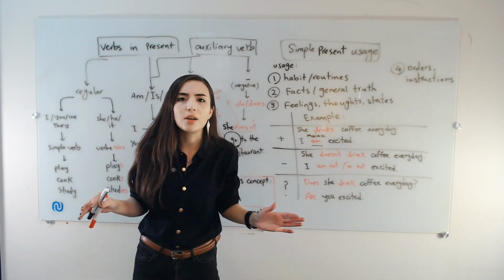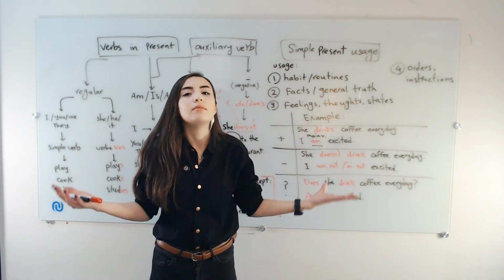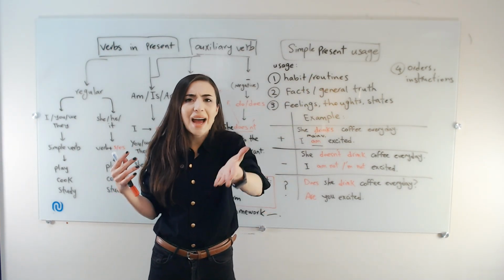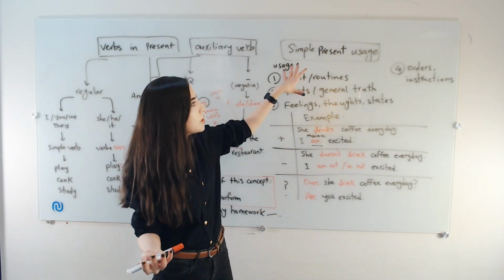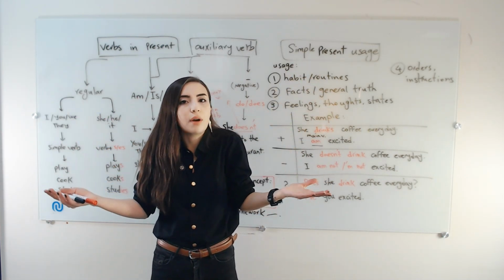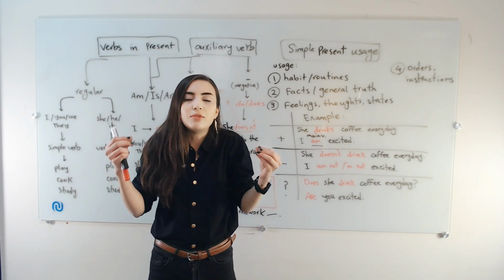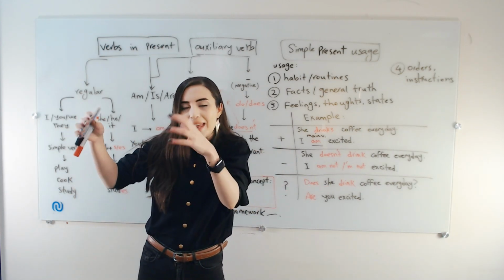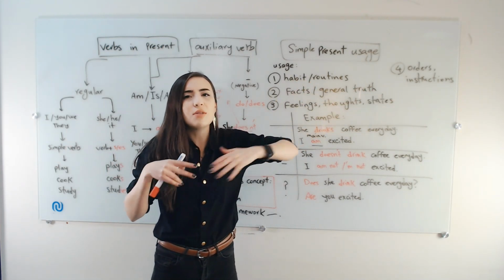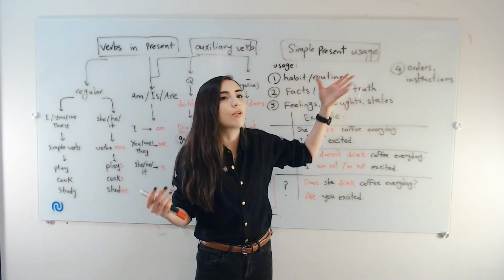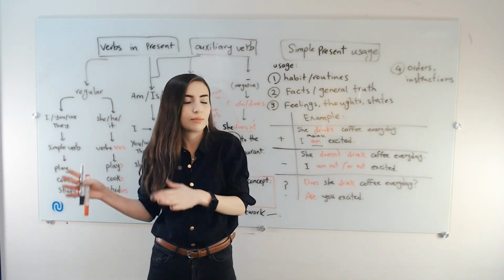Maybe you go for a Google search, maybe you search hundreds of websites, or you ask AI, and they will give you 100 other categories in which you use simple present. Yes, they can be right. But if you dive in, you will see that many of those would be inside one of these categories. So there's no need to know all of them. If you know these main 4 categories, you can handle the rest.